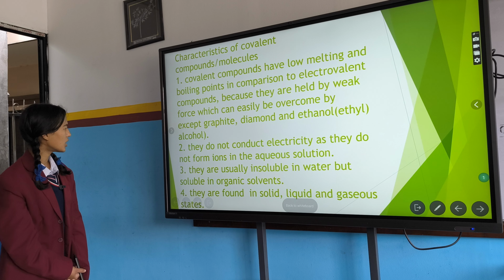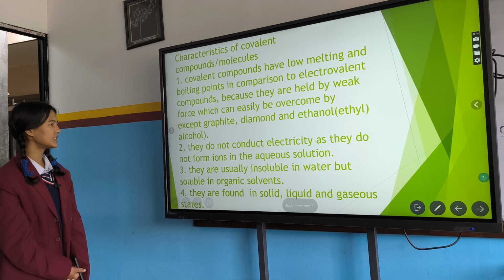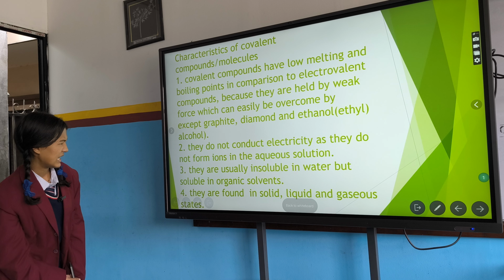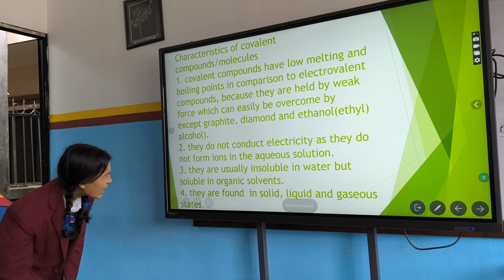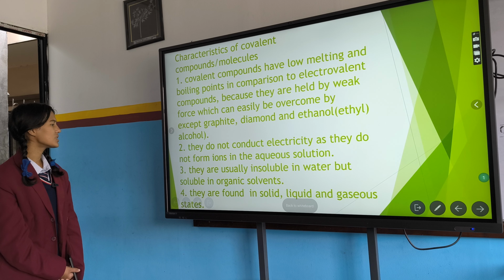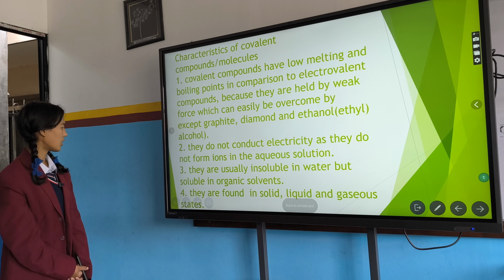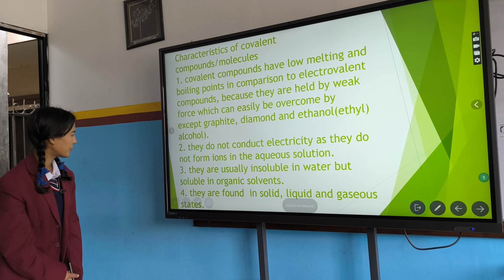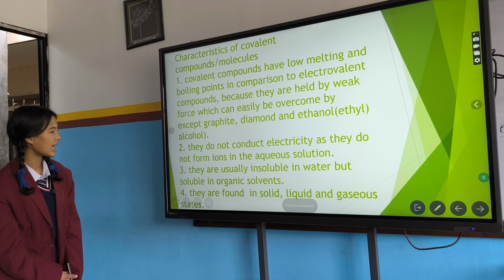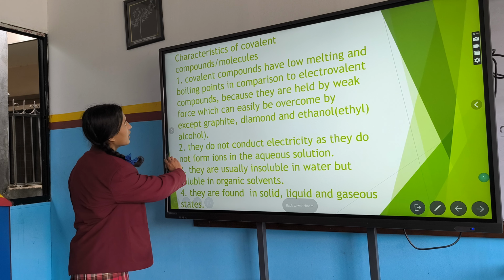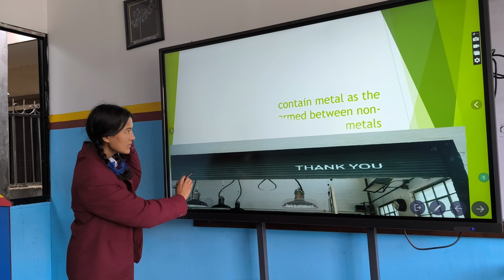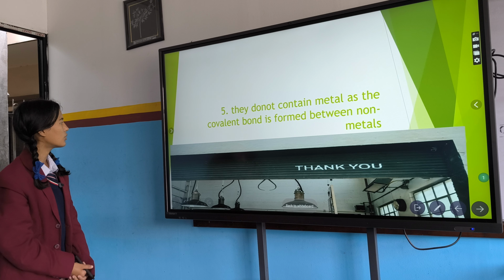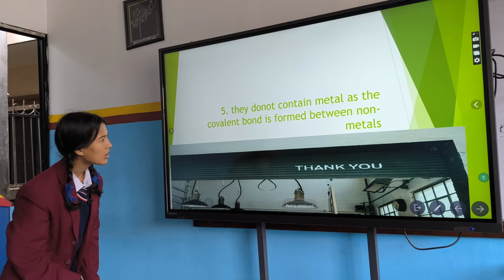Number 2, they do not conduct electricity as they do not form ions in aqueous solution. Number 3, they are usually insoluble in water but soluble in organic solvents. Number 4, they are found in solid, liquid and gaseous state. Number 5, they do not contain metal as the covalent bond is formed between non-metals.